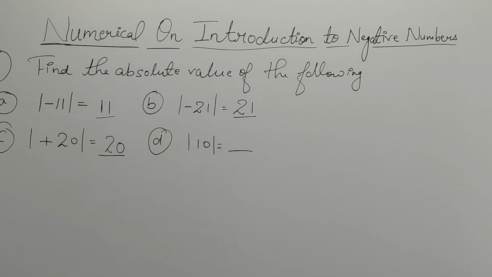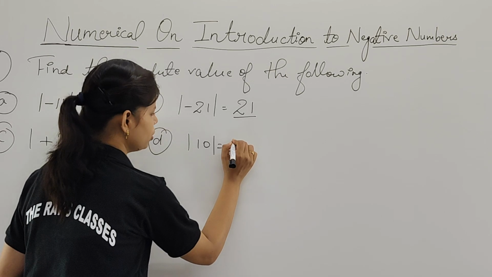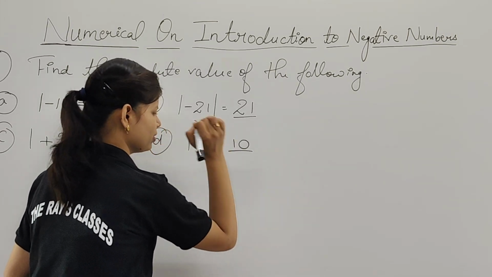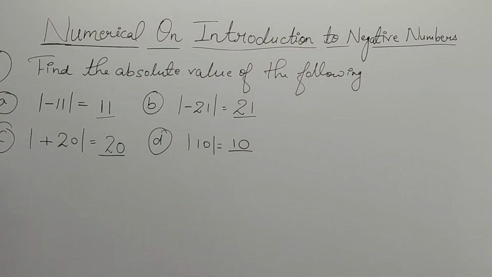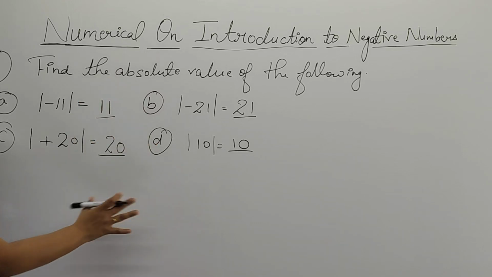So what about plus 10? Or if nothing is given in front of that number, what are you going to write? Please think of it. Okay, fine, good. So we are going to write only a positive 10. Clear now, children? Understood?